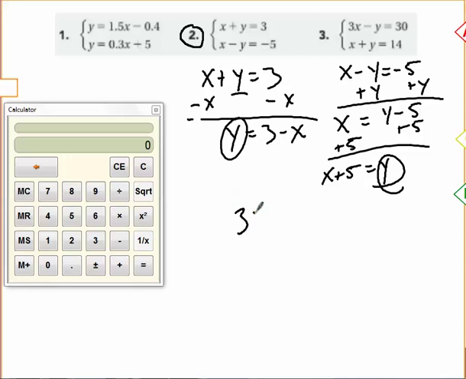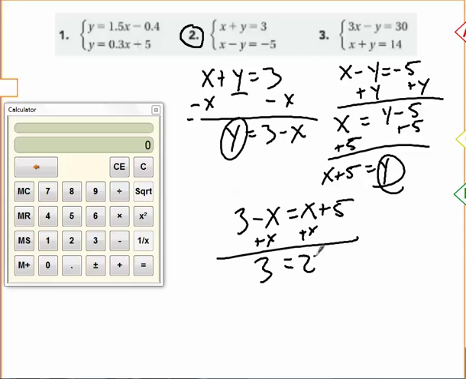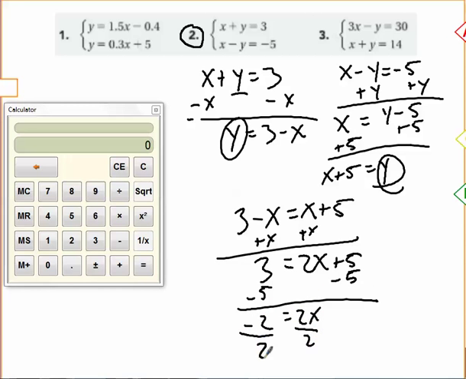So we have 3 minus x is equal to x plus 5. Add x, add x. So we get 3 is equal to 2x plus 5. Now I'm going to subtract 5 from both sides. So I get negative 2 is equal to 2x, divided by 2, and x is equal to negative 1.